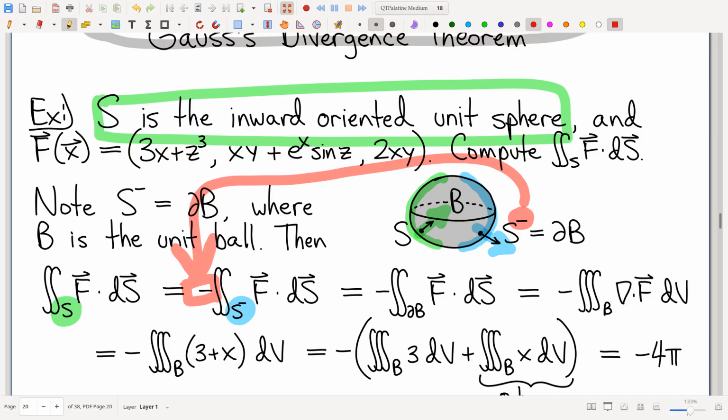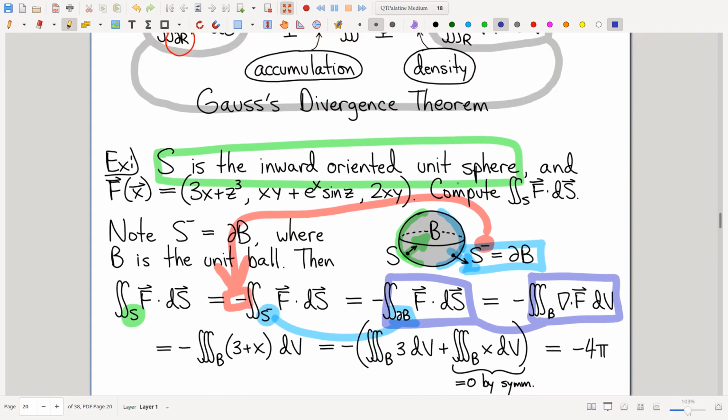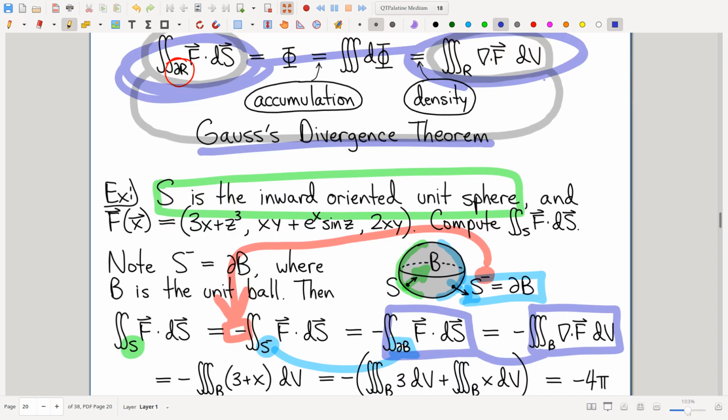So all good though, because now that we've accounted for the orientation with the minus sign, this blue integral literally is a boundary, and once you've got it written as a boundary, okay, well, boundary flux, oh yeah, boundary flux, triple integral of divergence. Using the divergence theorem, boundary flux is triple integral of divergence, like so. Is that good?